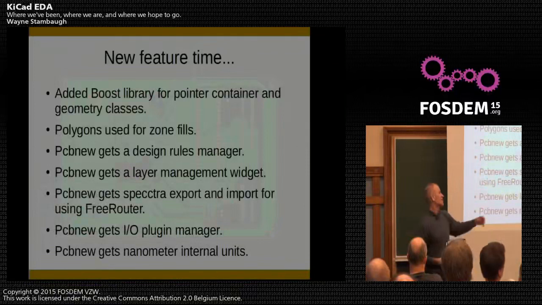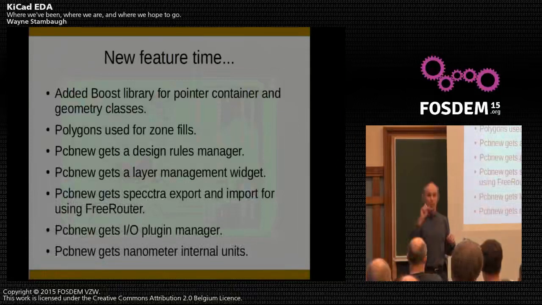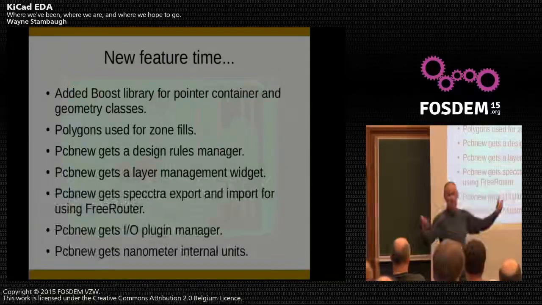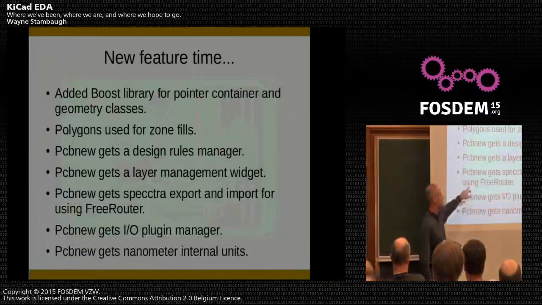You could port it into Free Router, and we had the link already so the JavaScript would run, and then you could use a push and shove router to route your board. Very handy, and then it would save it back to DSN, and then the DSN would go back into PCB-new, and then you had the PCB-new file. So this was pretty important.